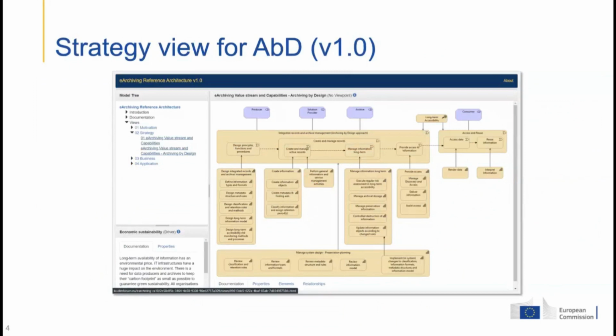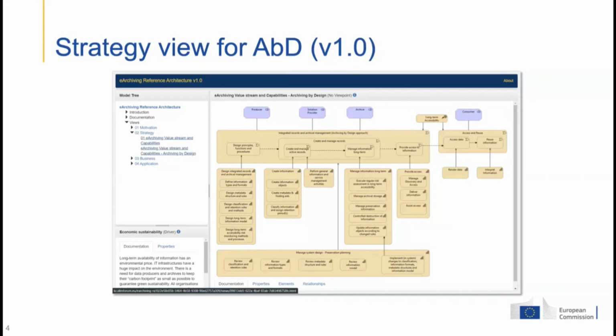But when we were at the end of the work with the first version, we wanted to say at least something about this new initiative. Back then, that was really new: archiving by design, or sometimes called sustainable access.